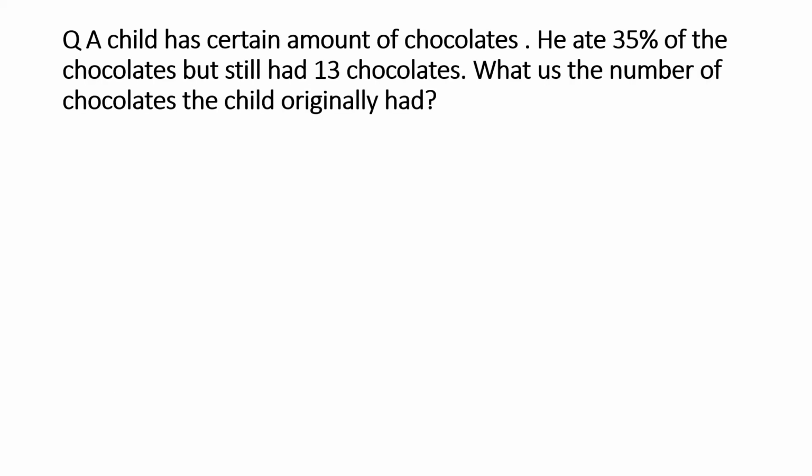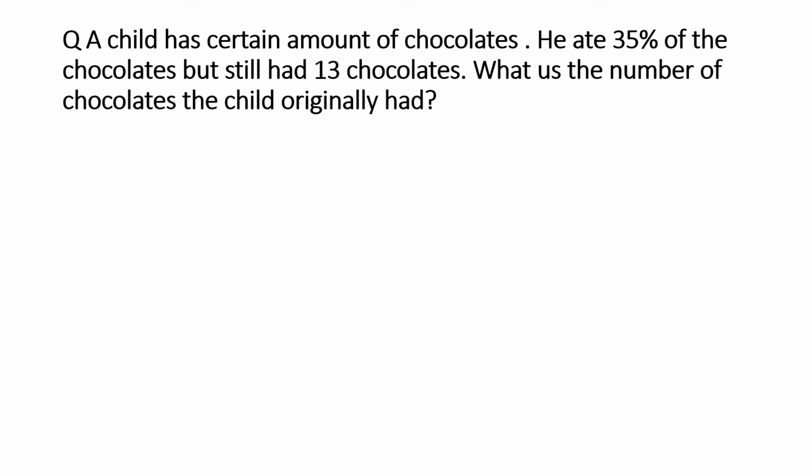So next question: a child has a certain number of chocolates. He ate 35% of the chocolates but still had 13 chocolates. What is the number of chocolates the child originally had?